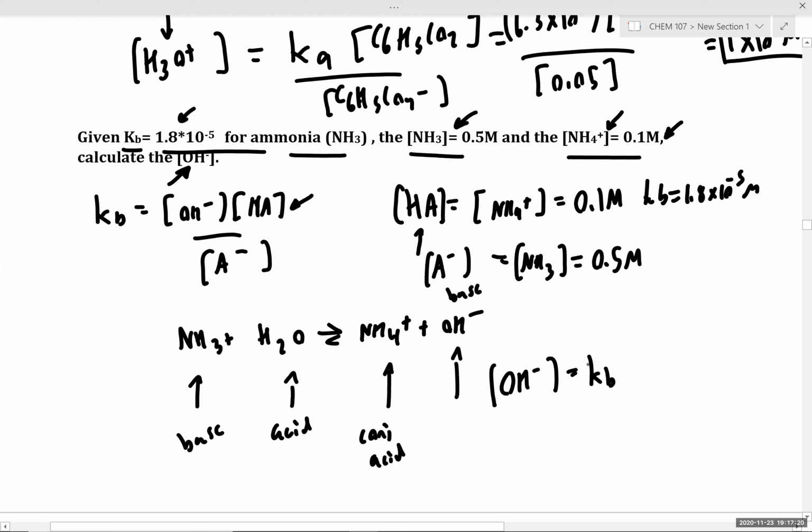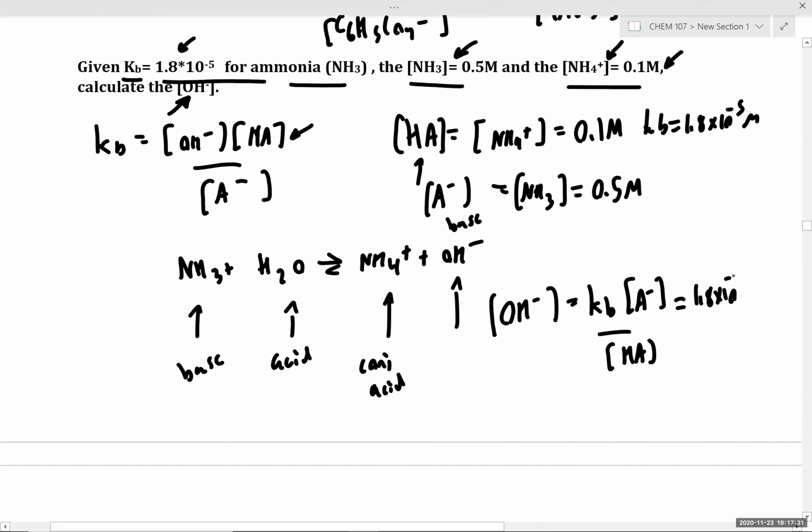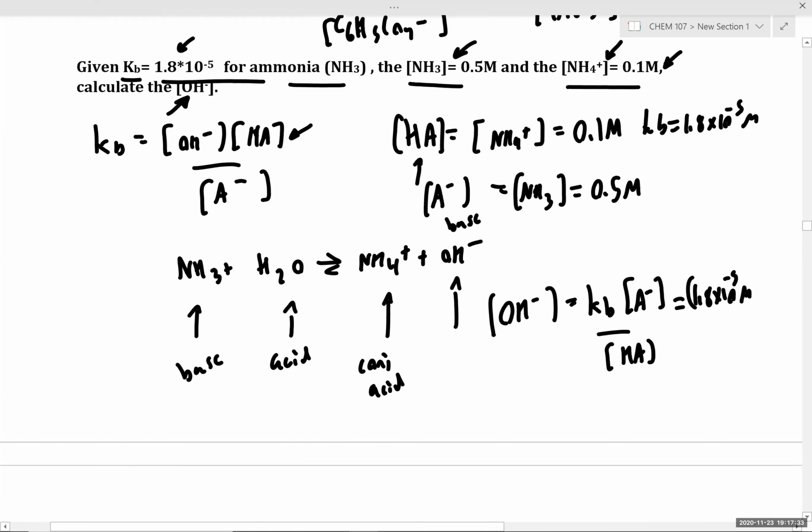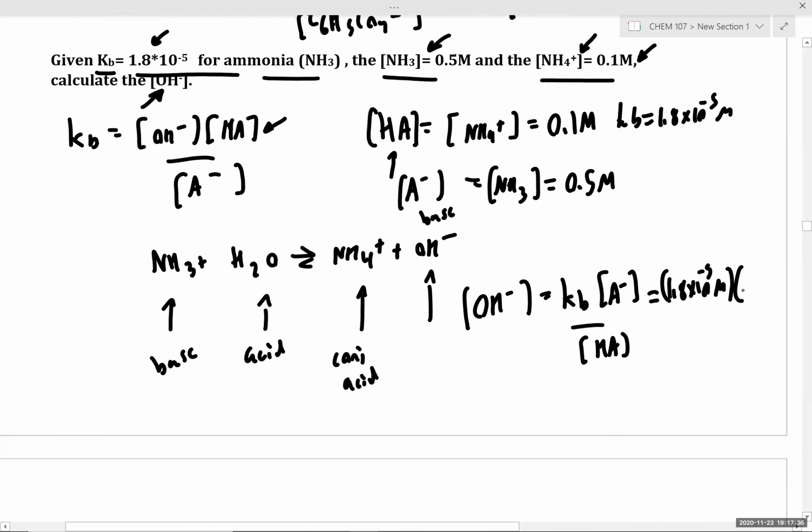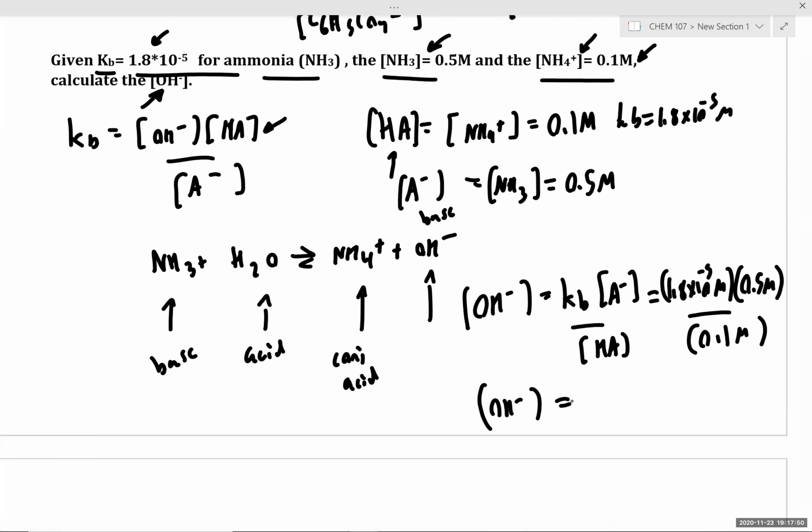Punching that into our calculator, we have 1.8 times 10 to the negative fifth molar times 0.5 molar over 0.1 molar. That gives us a concentration of hydroxide of 1.8 E negative fifth times 5, which gives us 9 times 10 to the negative fifth molar.